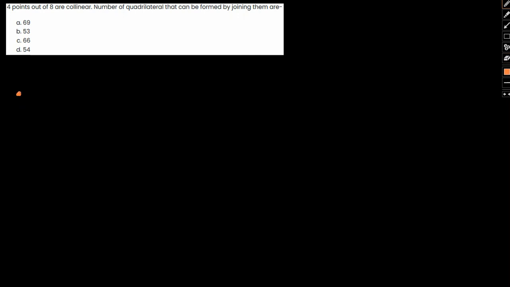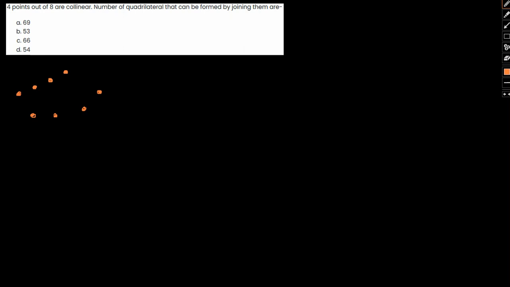So we have 1, 2, 3 and 4. These 4 are collinear and the rest are random points. Now what we are asked is how many quadrilaterals can be formed from these 8 points.